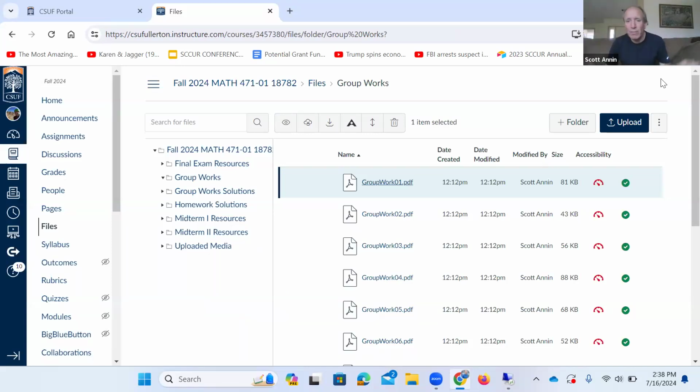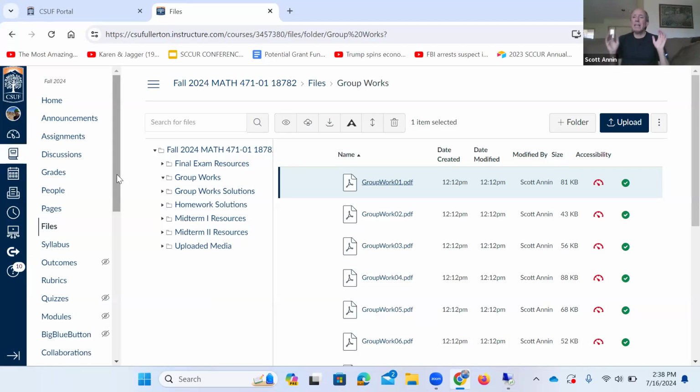You can finish them whenever you want. And then you can go to the group work solutions folder to get the solutions to them. So bottom line is the solutions to basically everything we're going to do this semester is going to be found in this files section of the Canvas page. So you'll definitely want to keep this at the front of your mind.